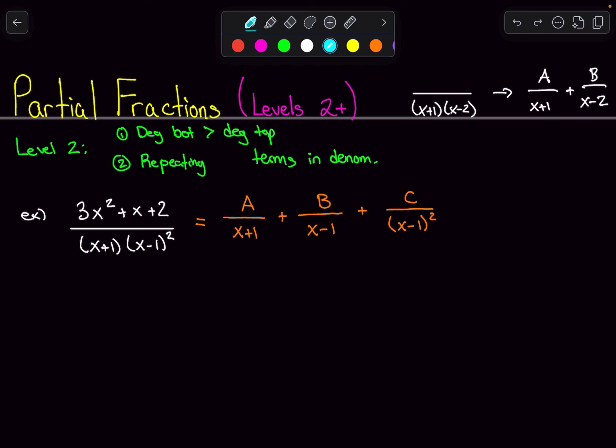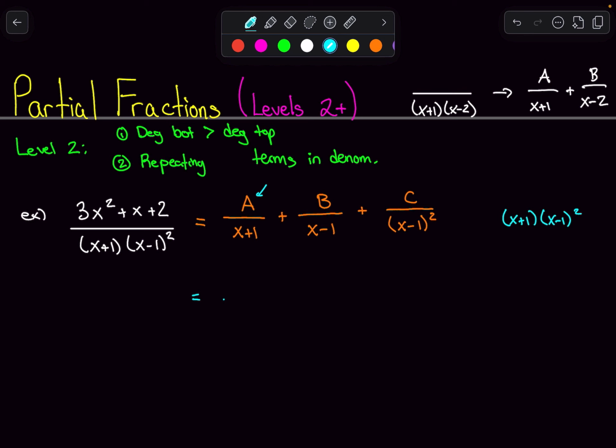So very similar to the last example, at this point we're going to try and get the right side to have common denominators. We should identify what the common denominator is. The common denominator between the three of these things is going to be x minus 1 squared times x plus 1.